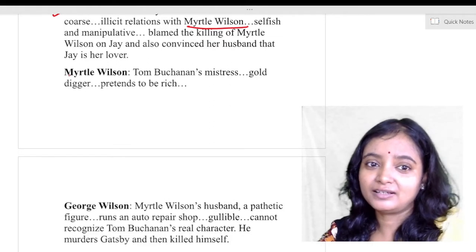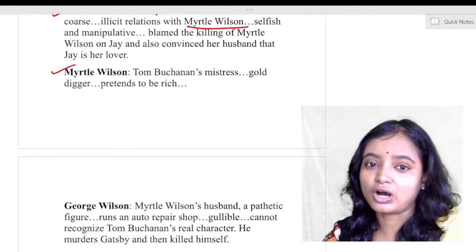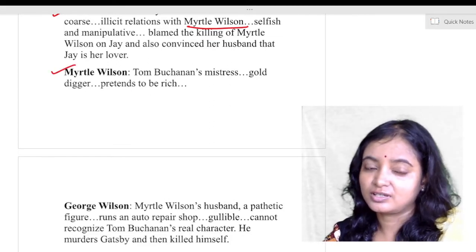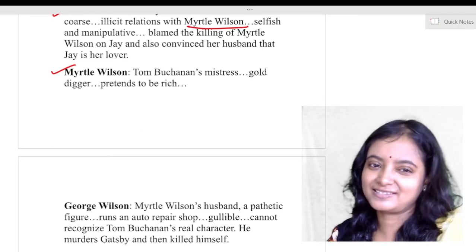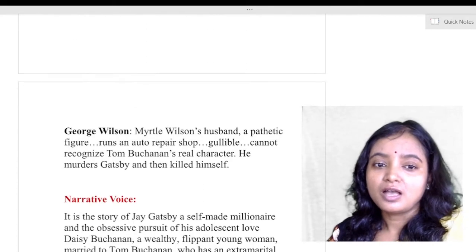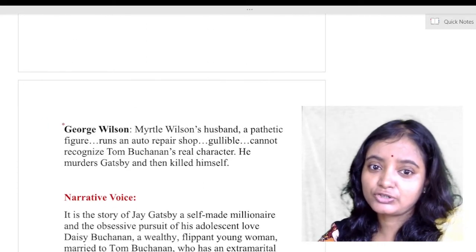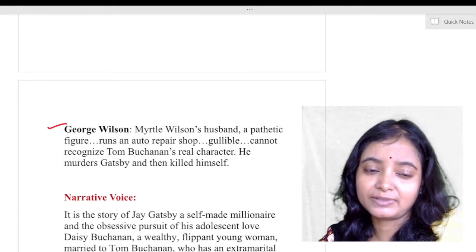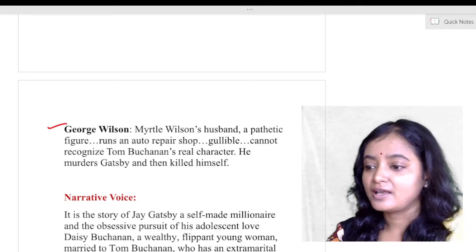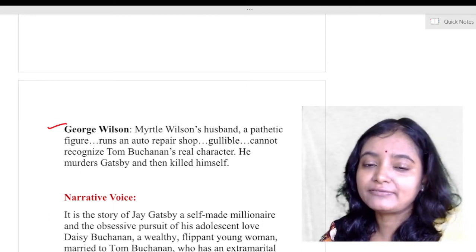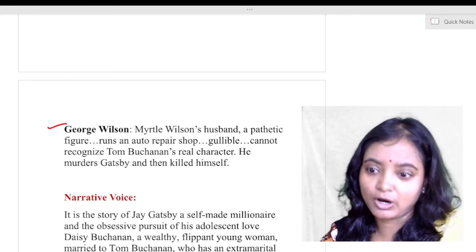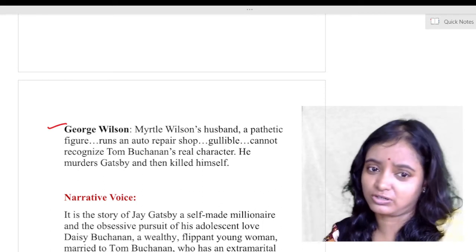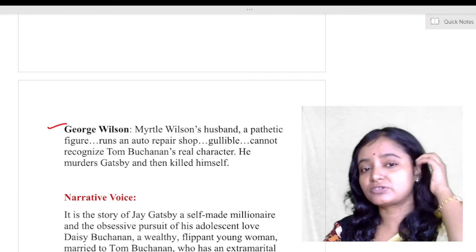Now Myrtle Wilson. Myrtle Wilson is Tom Buchanan's mistress. She's a gold digger. She pretends to be very rich, but she's just nothing. And George Wilson. George Wilson is Myrtle Wilson's husband. He's a pathetic figure. His wife never showed any trifle of respect for him, always abused him, always talked badly in front of him.